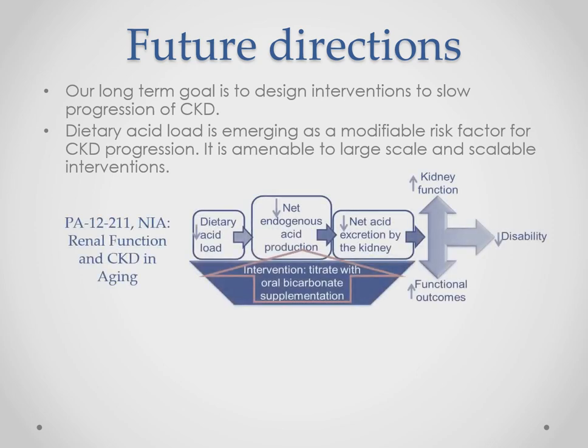Because our long-term goal is to design interventions to slow the progression of kidney disease, of course, and changing dietary acid is relatively amenable and easy to scale, either by changing the diets, which is typically difficult, or by supplementing bicarbonate, and oral bicarbonate has been used safely in kidney patients for many years.